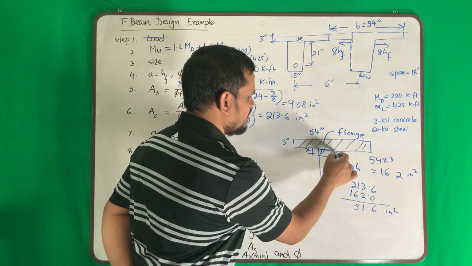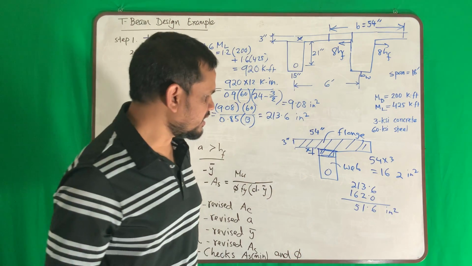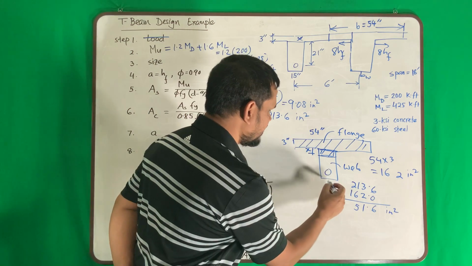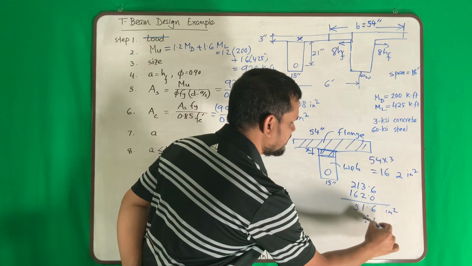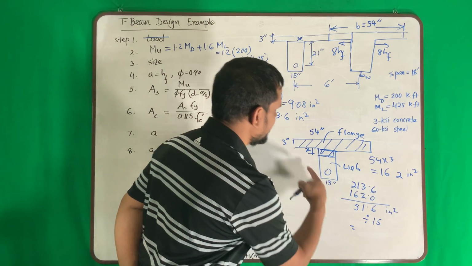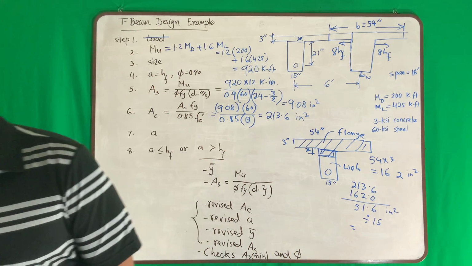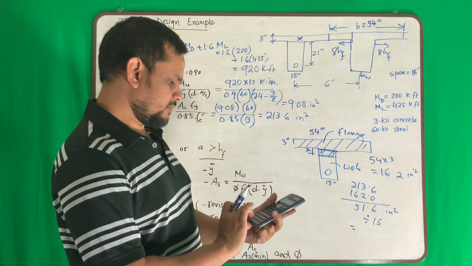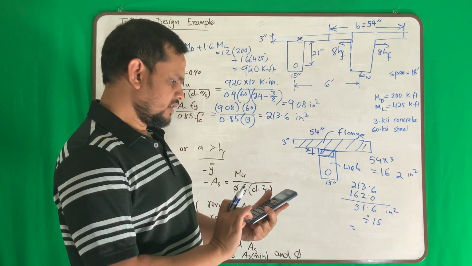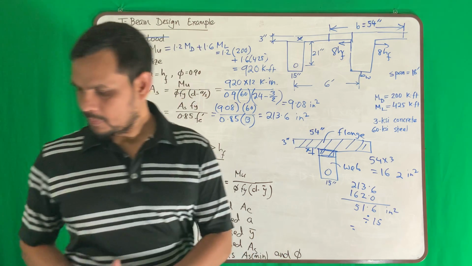That means area of this portion is 51.6 inch square. This portion width is 15. So if I divide it by 15, I will get my X. If I use my calculator, 51.6 divided by 15, I got 3.44.